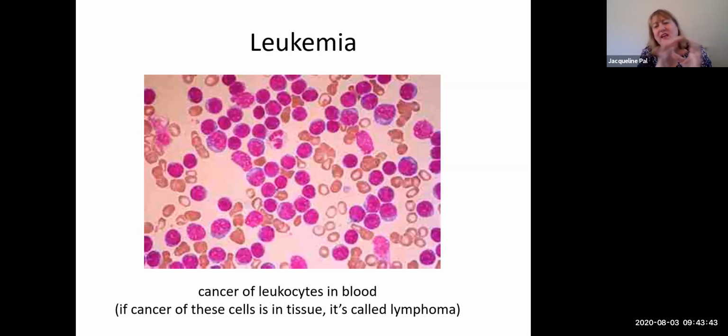And it can be any one of these cells or any of their precursors, as we'll be learning about in a subsequent video. Now, if the malignancy is of these cells, but it's located in tissue, then we don't call it leukemia, because as I said, emia means blood. At that point, once it's in tissue, it's going to cause a swelling in the tissue, and then we change the name to a lymphoma.